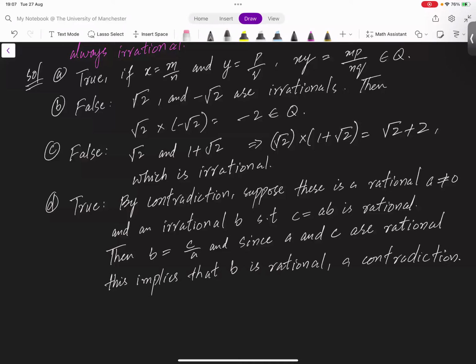So for a non-zero rational and an irrational, the product is always irrational.